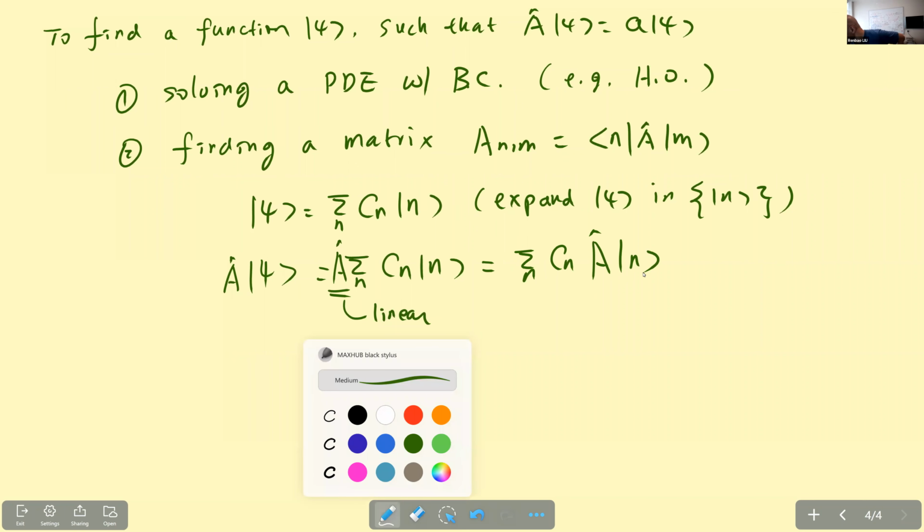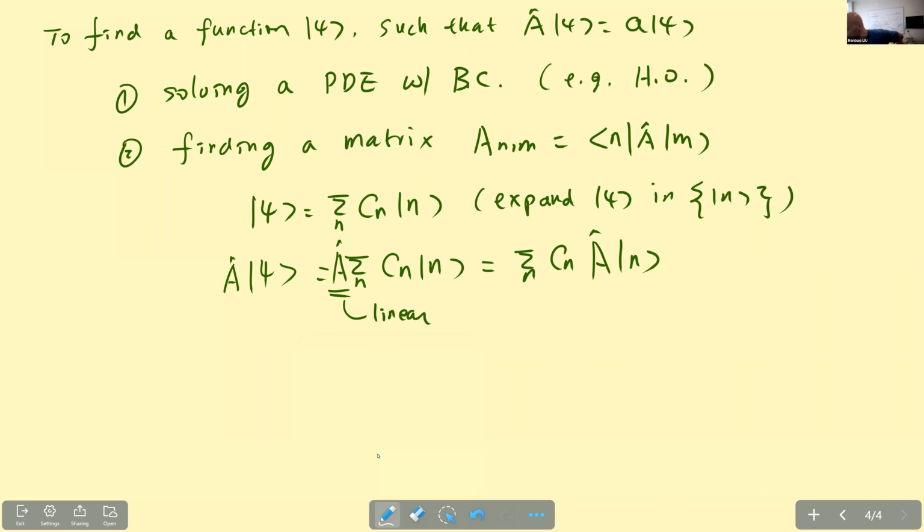And now you can multiply ψ_n* right here, and then integrate. Right. And this one will equal to summation of m, A_nm c_m, right?